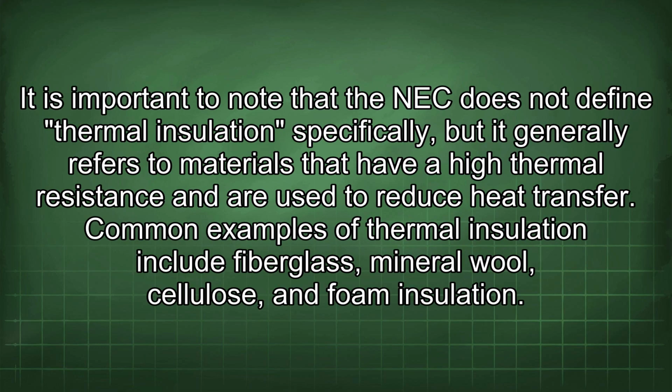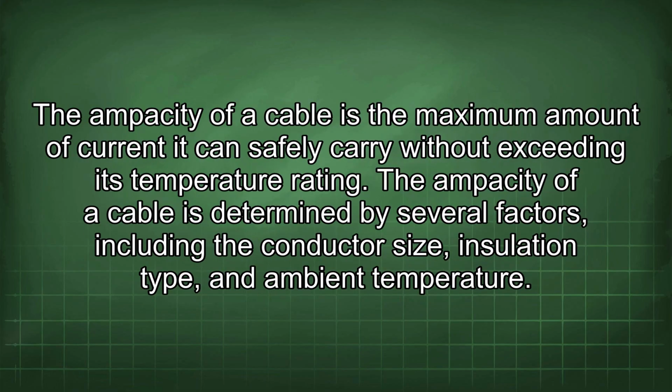It is important to note that the NEC does not define thermal insulation specifically, but it generally refers to materials that have a high thermal resistance and are used to reduce heat transfer. Common examples of thermal insulation include fiberglass, mineral wool, cellulose, and foam insulation. The ampacity of a cable is the maximum amount of current it can safely carry without exceeding its temperature rating.